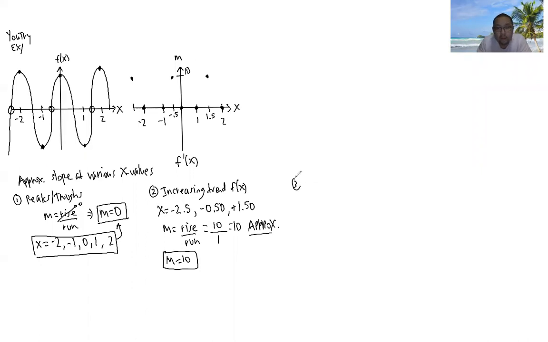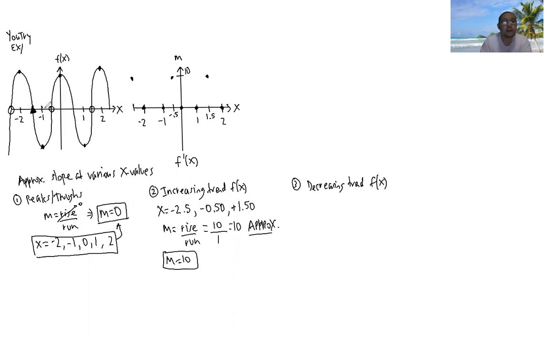the last thing we're going to do is we're going to assess points where we see a decreasing trend in our f of x curve. So now we're going to choose this point, and I'm going to try to choose a new shape. Shaded in triangle.